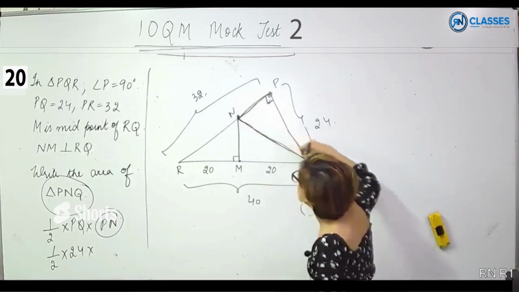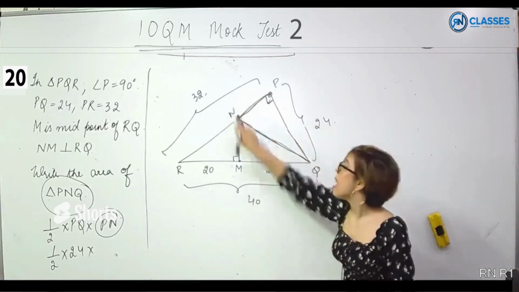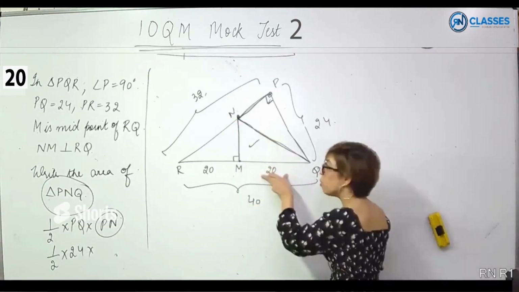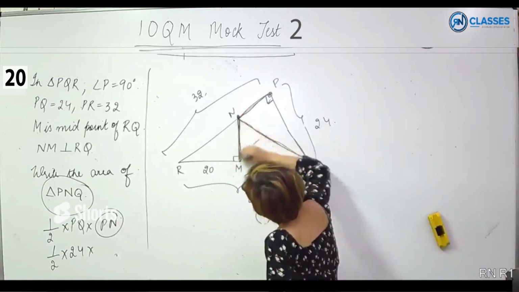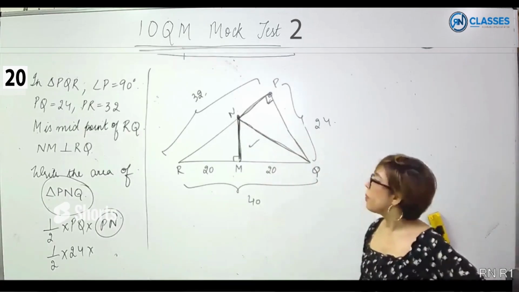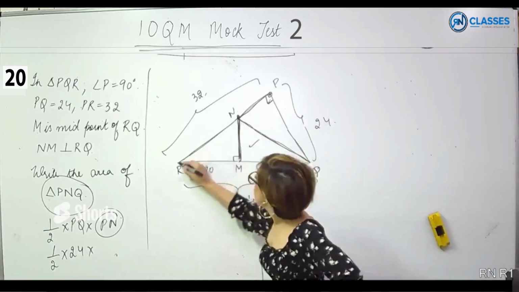Mind it, NQ is also involved in some other right angle triangle, which is this one. If I want to find out this value, this already I know, that means I want to know NM. Now, in order to find NM, I need to think about it. Now, NM is involved in this triangle, NRM.